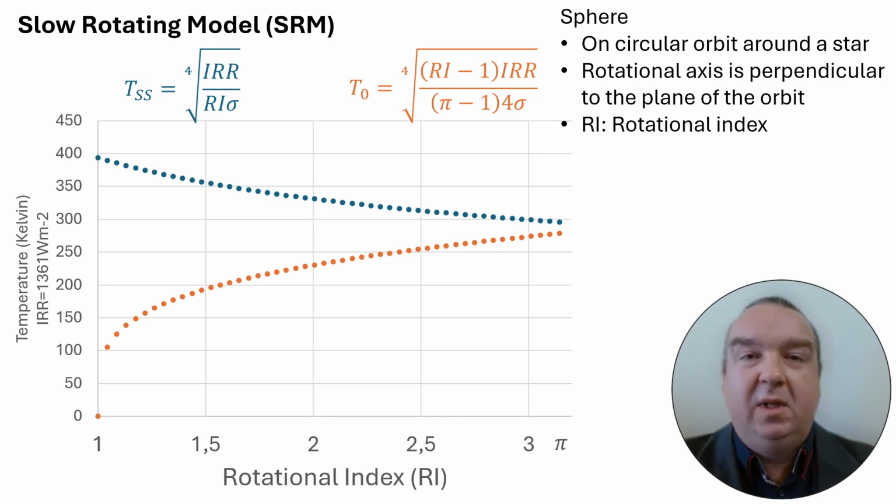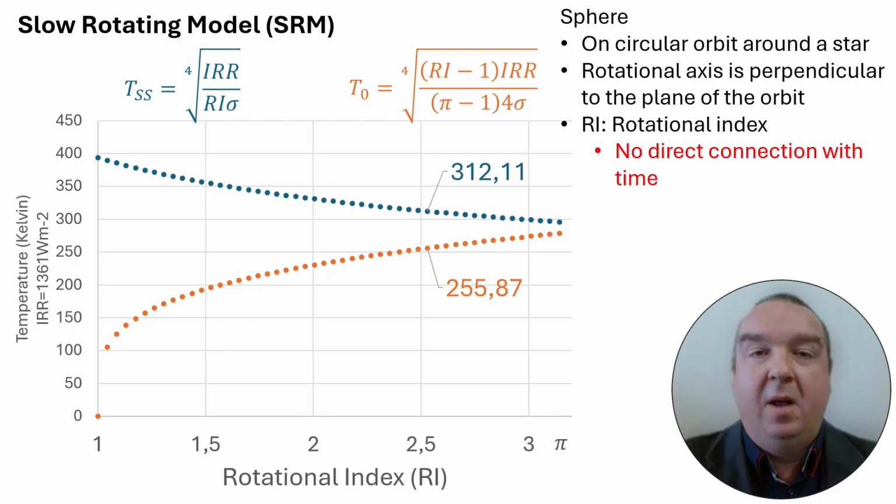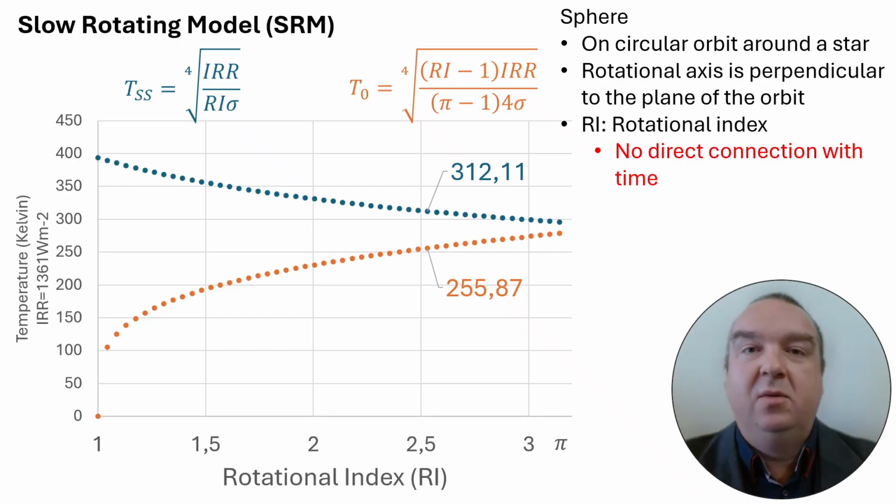So the rotational index does not have a direct connection with time. We can only say that from these two equations, if we know two values, we can count the other two values.